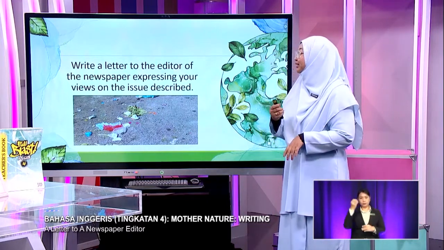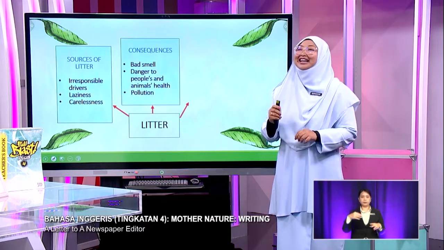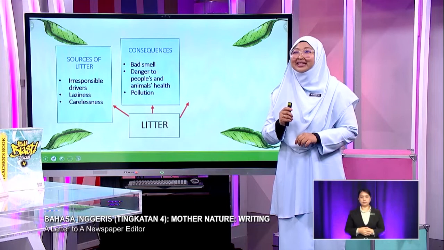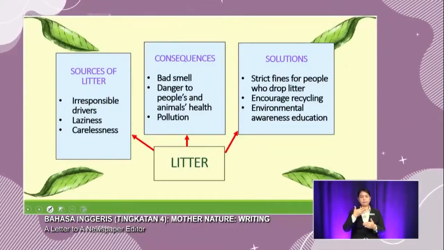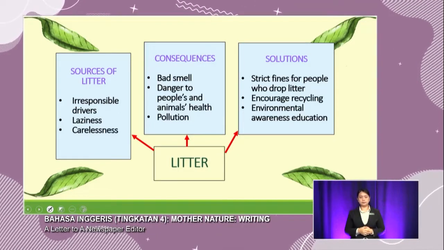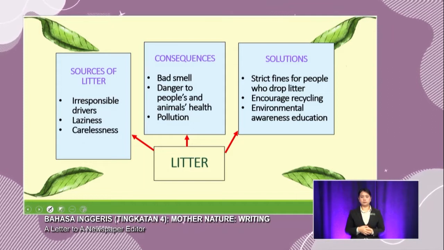Okay, before that, I will give you this mind map that maybe will help you to write better. I'll read it for you. For the first one, we have sources of litter. So, who did that?